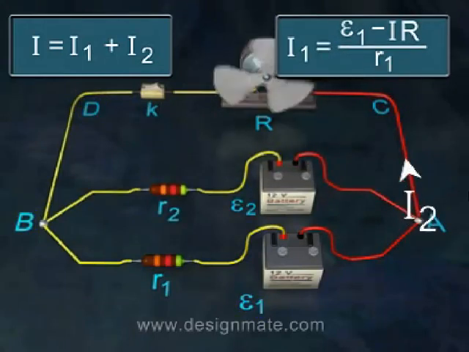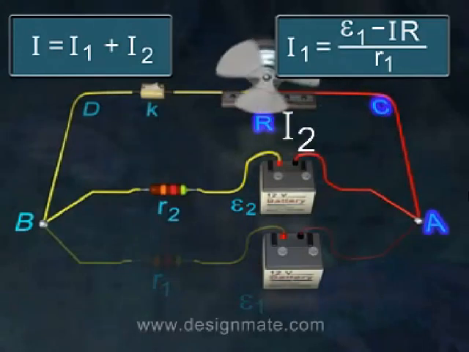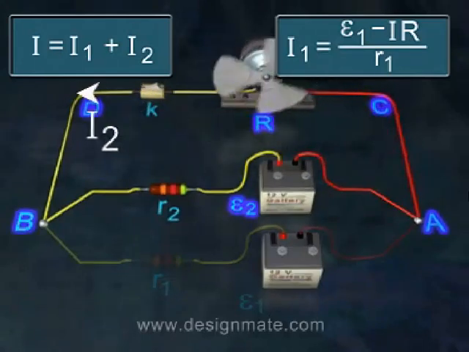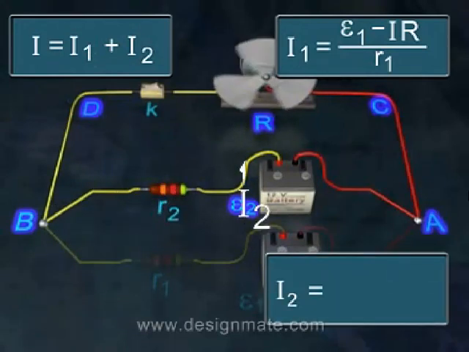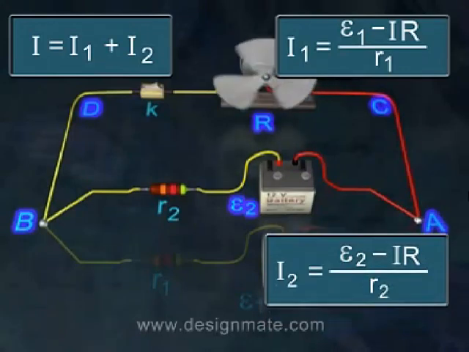Similarly, from the closed path A, C, R, D, B, epsilon 2, A, we have I2 is equal to epsilon 2 minus IR upon R2.